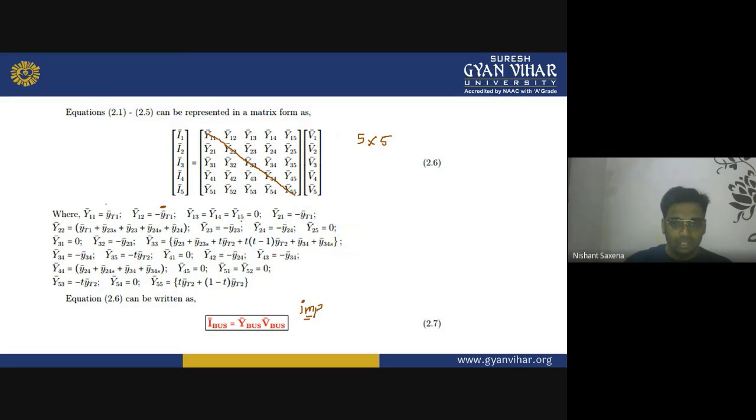Look over here, Y15 is equal to 0, Y51 is equal to 0. Similarly, 2 and 5 are also not connected, that's why it is equal to 0.